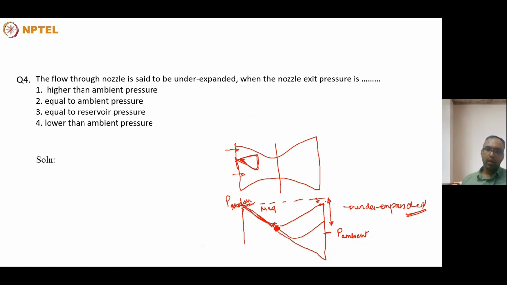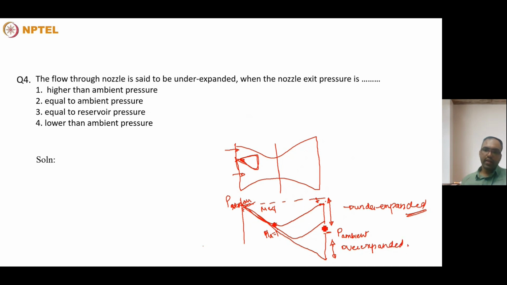Then once the choke is achieved at the throat, when Mach number at the throat is equal to 1, then it starts increasing, and the pressure at the exit will be less than the ambient pressure, and in that case the flow through the nozzle is said to be overexpanded.